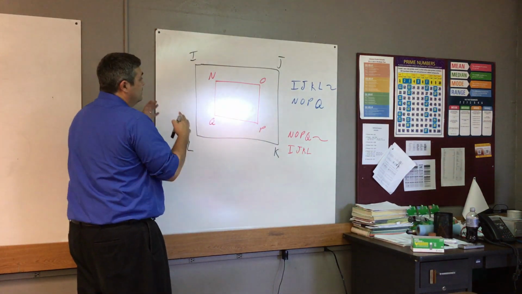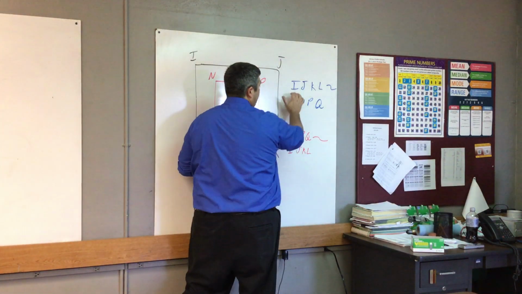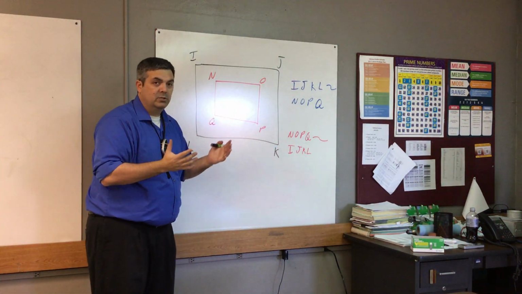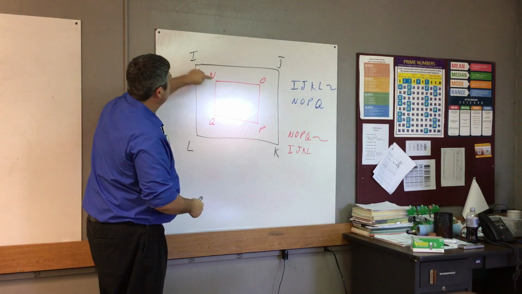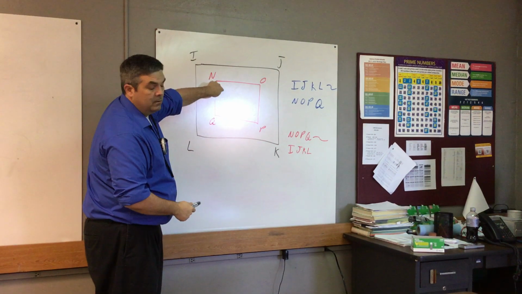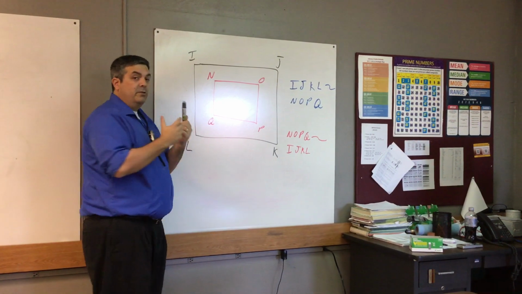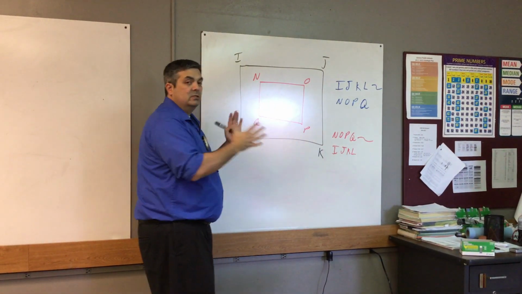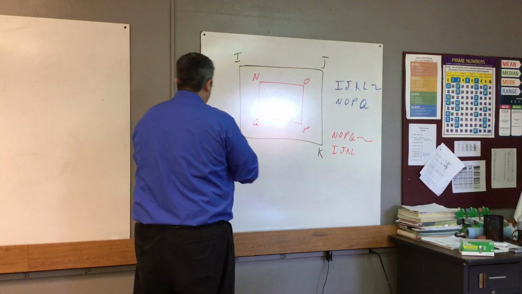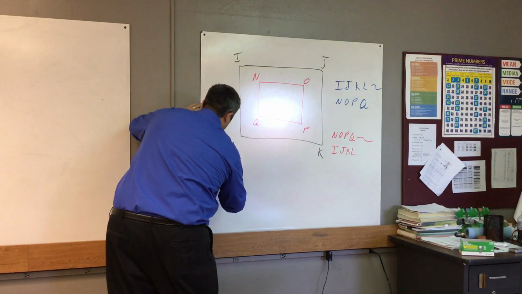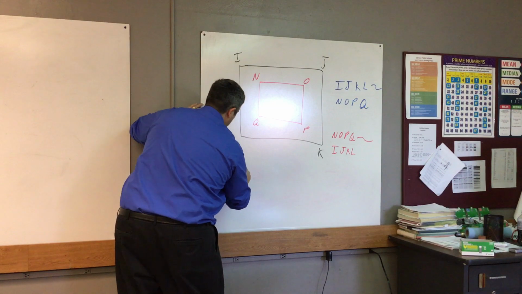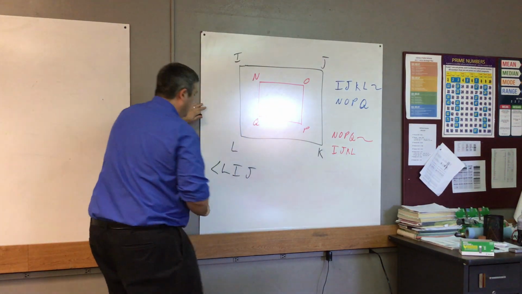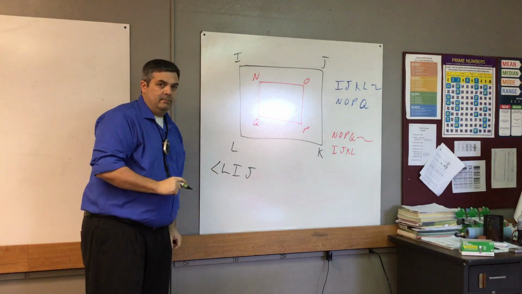Now because I understand that this is similar to this, I have congruent angles in this too. This angle is the same as this angle. So here's another way that you could write these angles, and they do it over there on Get More Math, so I want you to see what it can look like. L, I, J. That's angle LIJ.